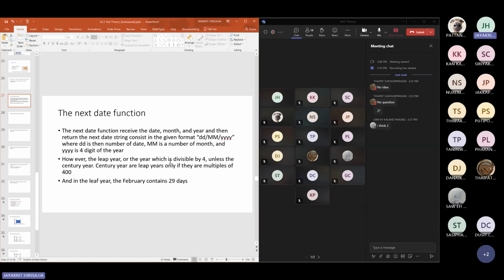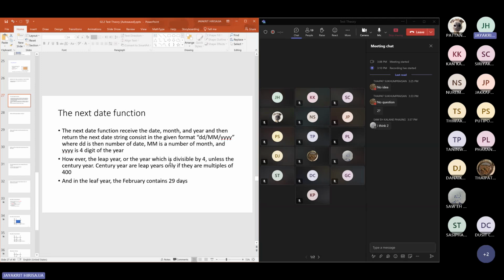And then if the input is a leap year and if it's the 28th of February, the next date will be returned as 29th of February. And if the input date is 29th of February, the next date will be the 1st of March. But if not a leap year, if you input 28th of February, it will return the 1st of March.